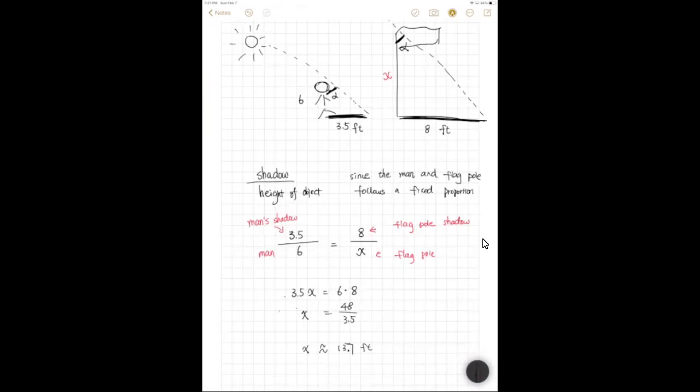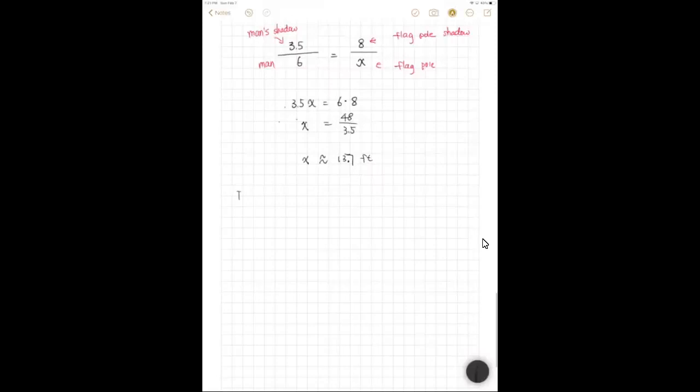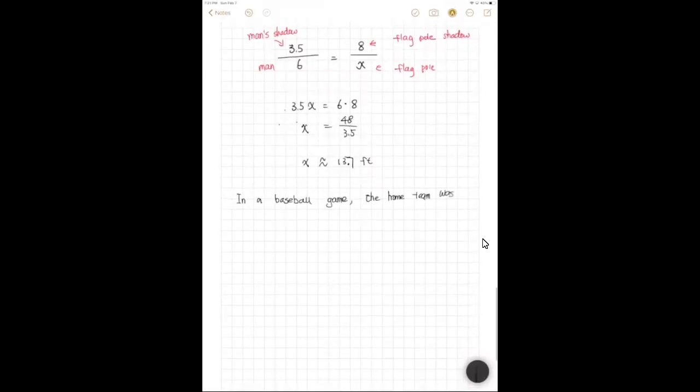Let's do another application problem. So in a baseball game, the home team was down by 9 points.